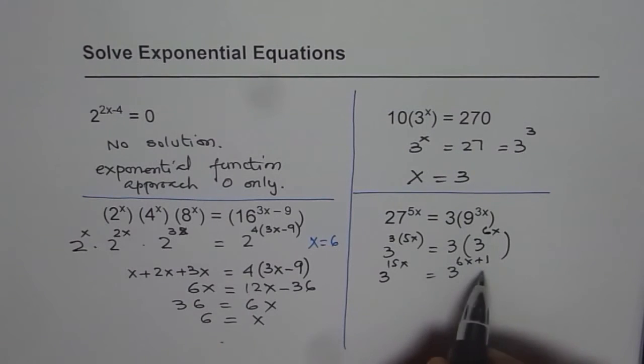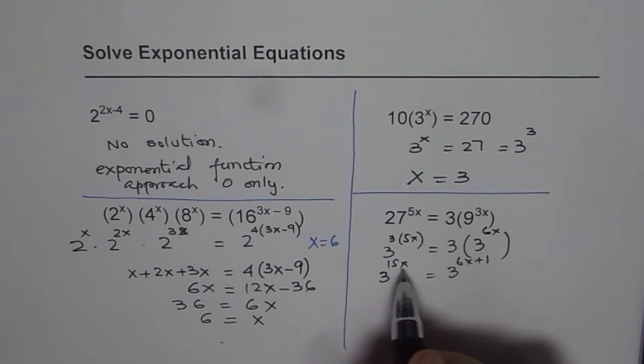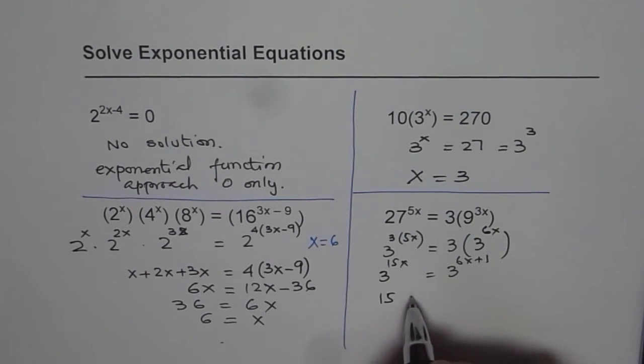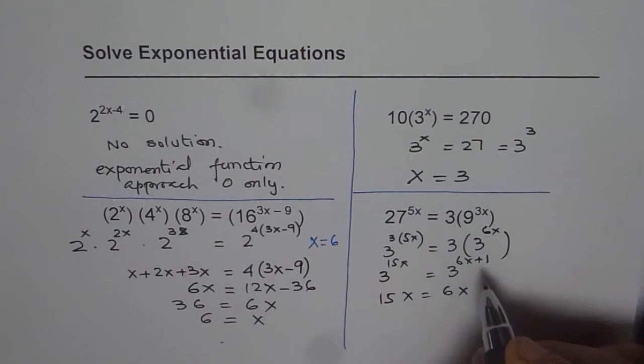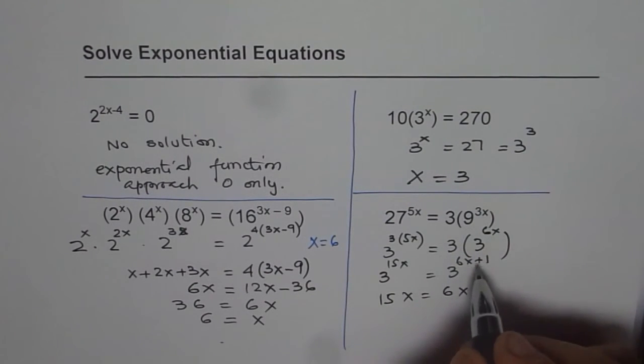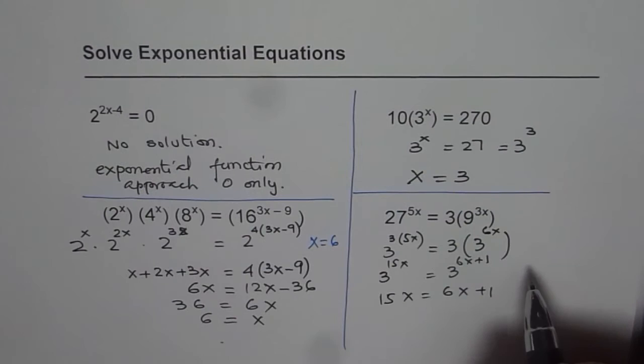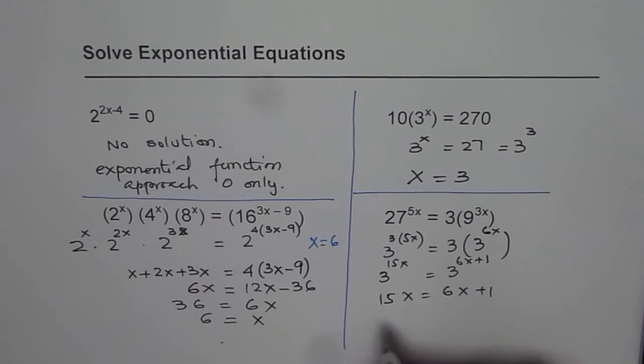So that's kind of tricky. You might just get this one wrong. Now, here we can solve by equating the exponents, which is 15x equals 6x plus 1, and we'll solve it by bringing 6x to this side.